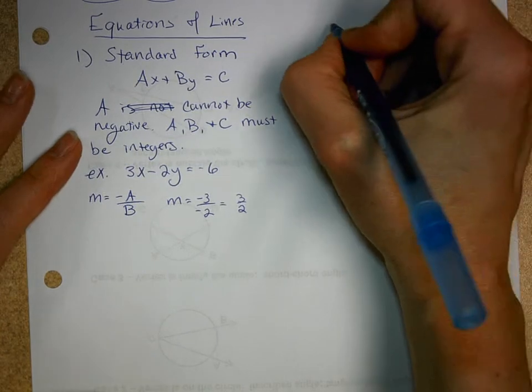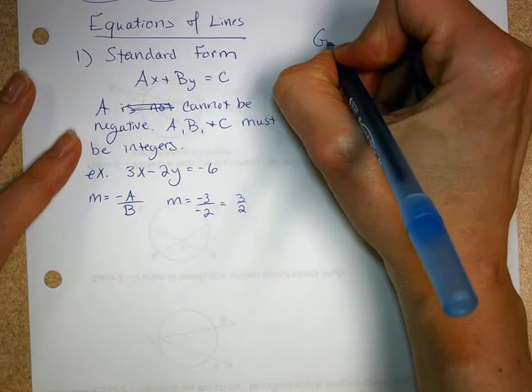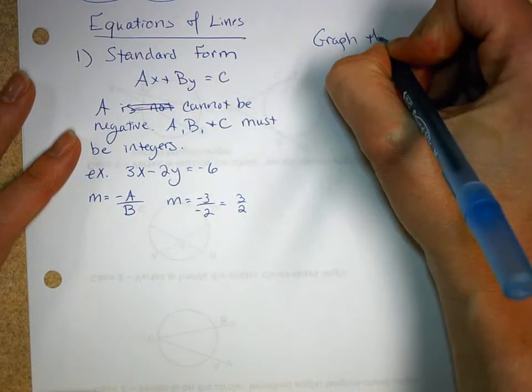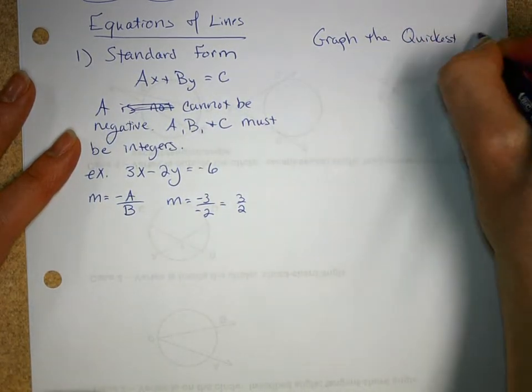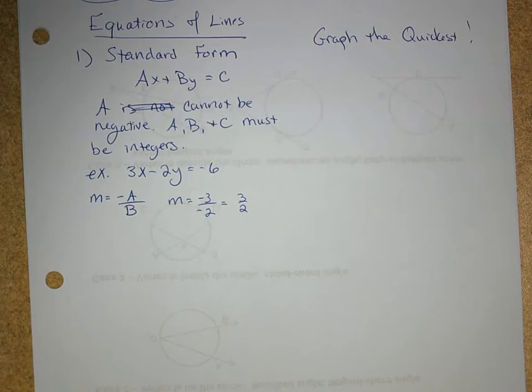Now, how do you graph the quickest way? How do I graph this the quickest? Exactly. We use the intercepts.